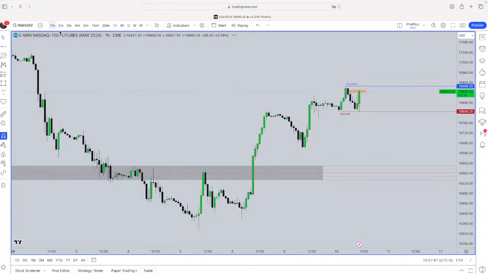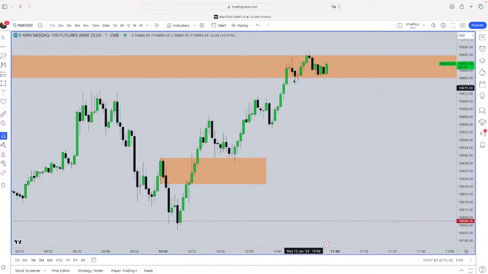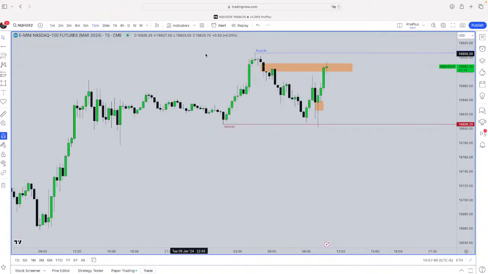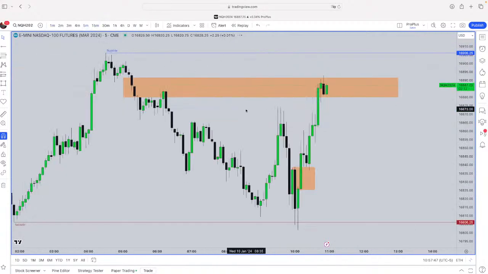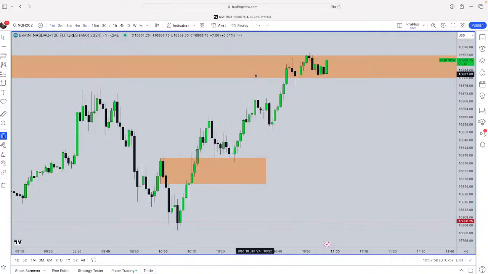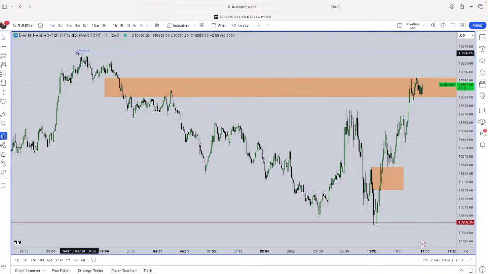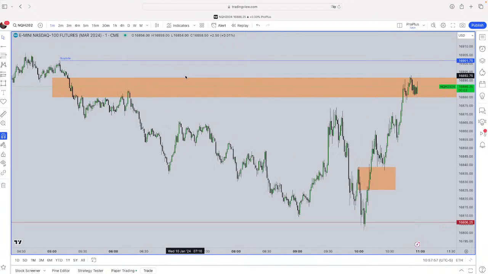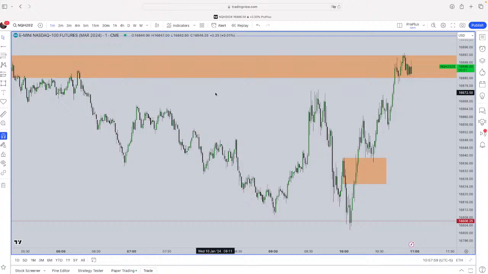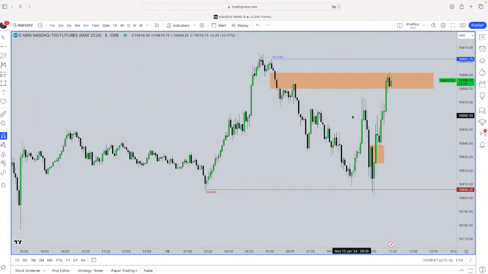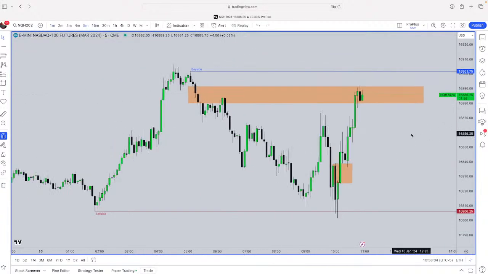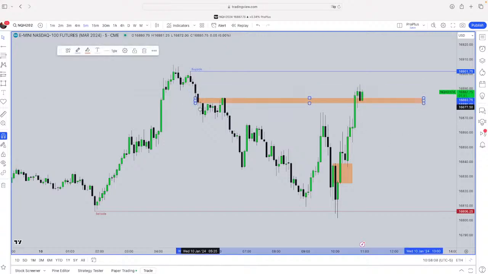Nasdaq slowly trading around that inefficiency here. If that becomes an inversion fair value gap, then it will be heading up to these highs. First draw will be there. But you can also just draw it from here for an inversion, and that looks even nicer.